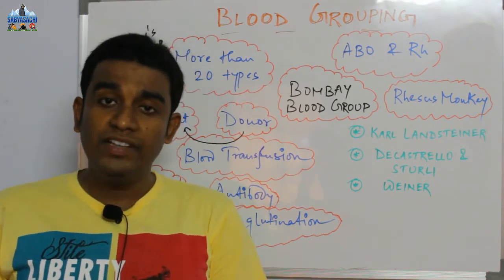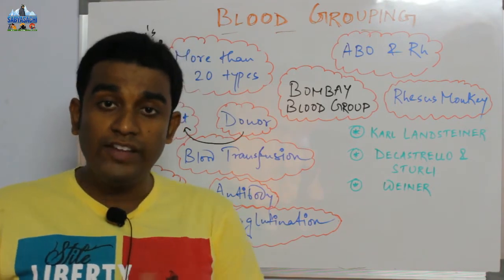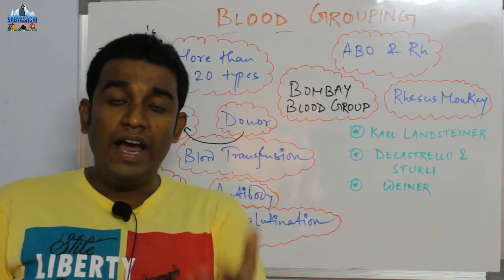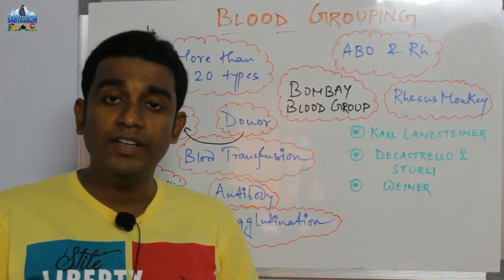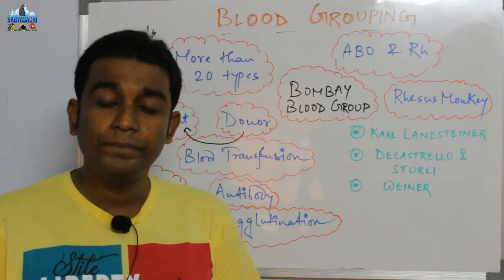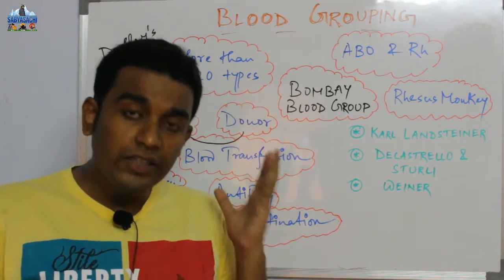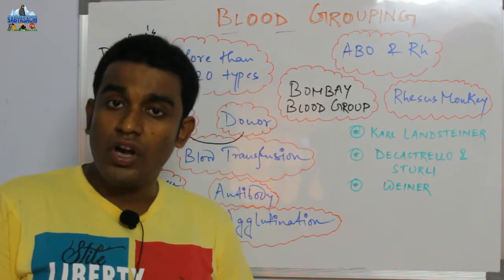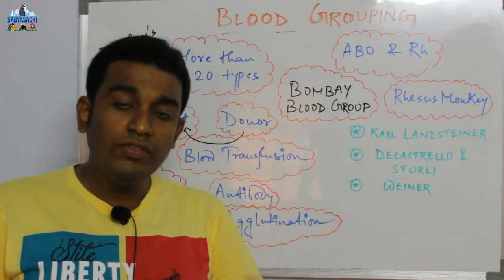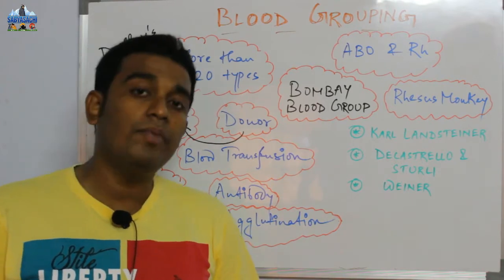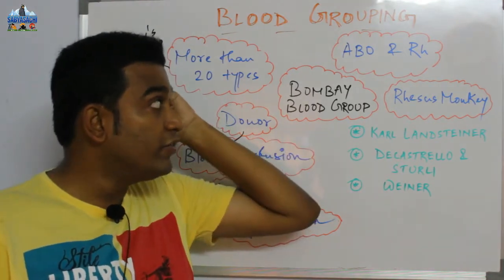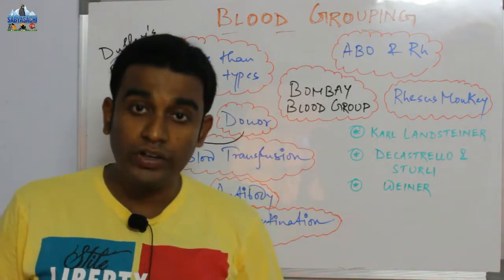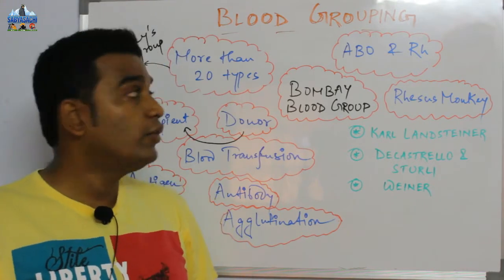Blood is made up of plasma as well as blood cells, and we have three types of blood cells: red blood cells, white blood cells, and platelets. But in this video we are not going to talk about the features of the blood cells, nor the features of the plasma. Rather, I have taken something different, which is equally interesting and important for your exams, that is blood grouping.